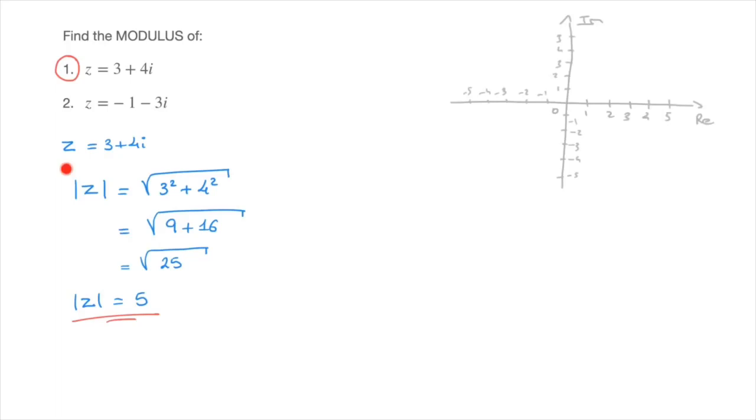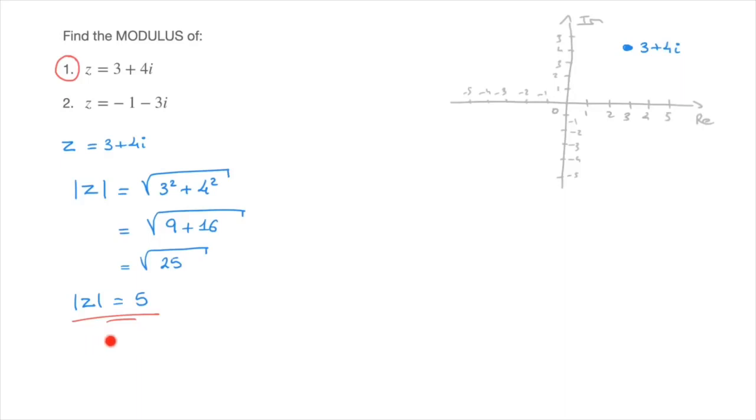Then the complex number z equals 3 plus 4i is the point in the complex plane whose real part is equal to 3 and imaginary part is equal to 4. So on this rough sketch, that would roughly be here. So that's the complex number 3 plus 4i.